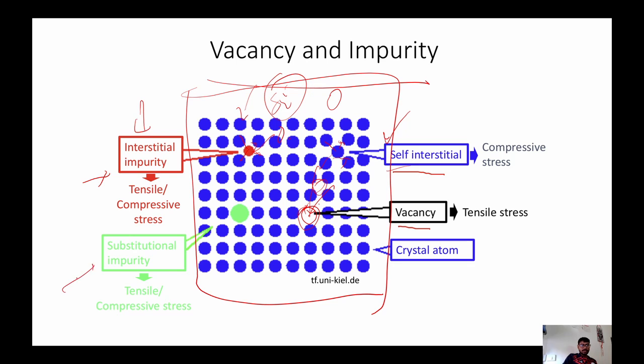Then comes the substitutional impurity. When a foreign atom, other than silicon, replaces the silicon from its lattice point, this is a substitutional impurity.